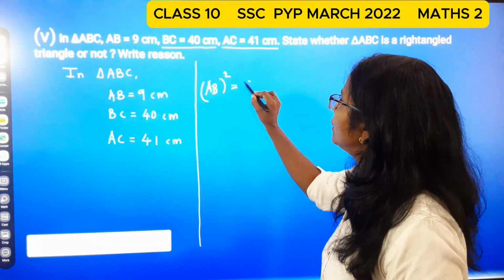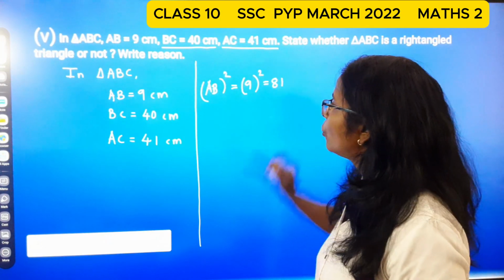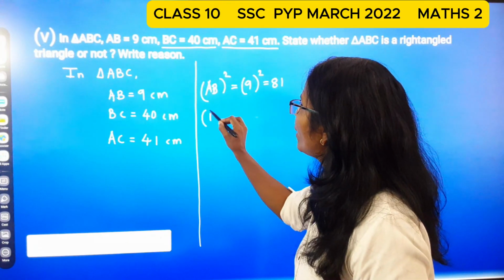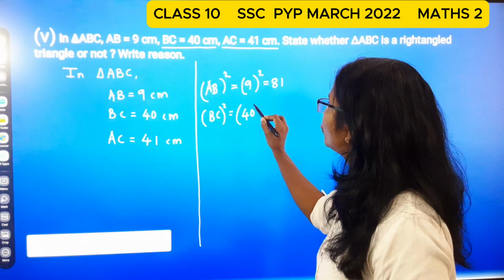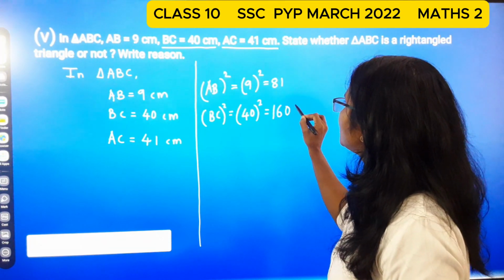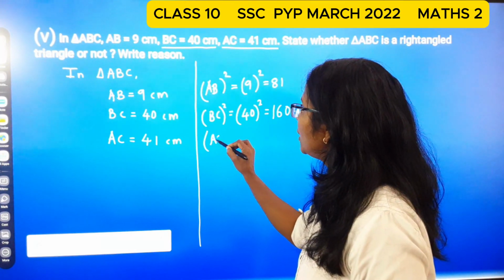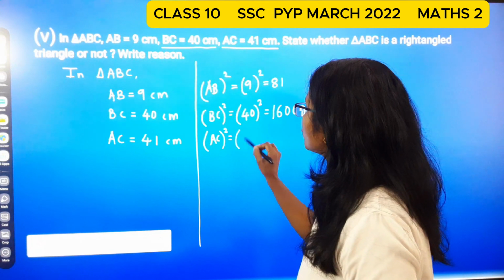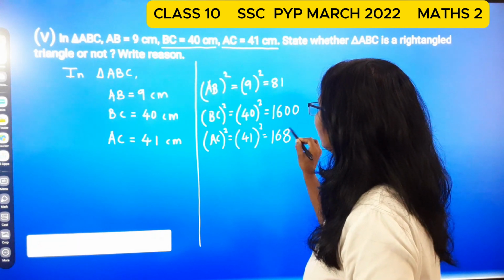Square of AB, the square of 9, is equal to 81. Square of BC, the square of 40, is 1600. And the square of AC, the square of 41, is equal to 1681.